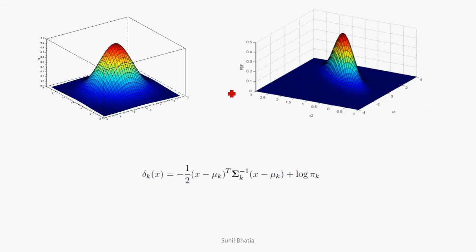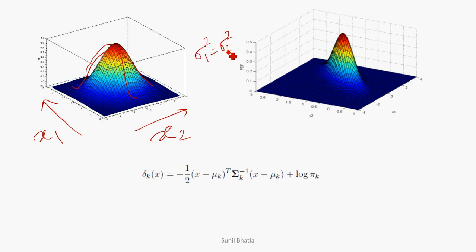Now in LDA, we assumed two things about the distribution. Let's say this is an x1 variable and this is an x2 variable. What we assumed is that these two variables are normally distributed, but they have equal variances and they do not have any correlation between them.